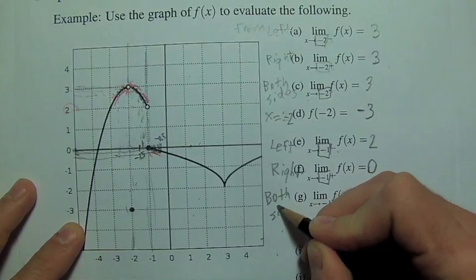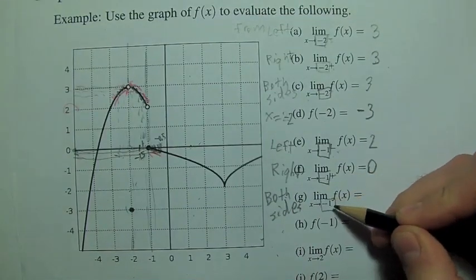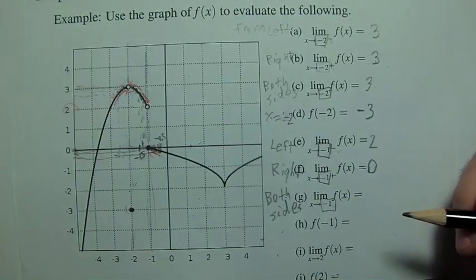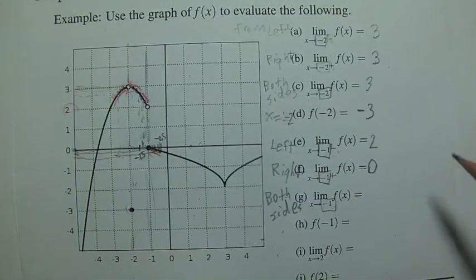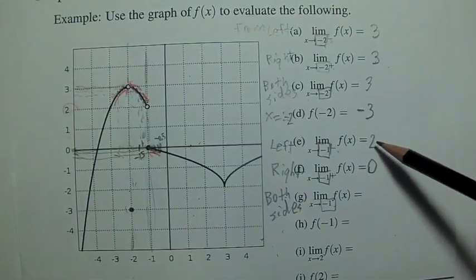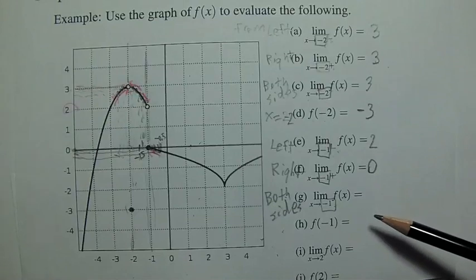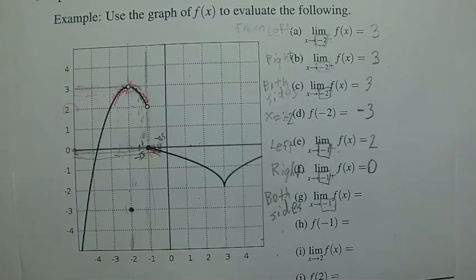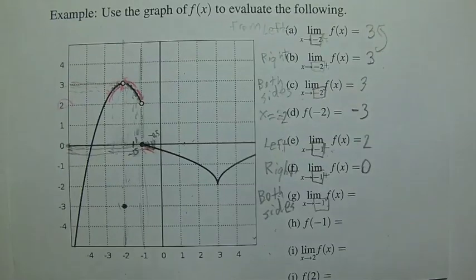What about the two-sided limit, right? The limit as x goes to just -1 from both sides of f of x. Well, since the limit from the left was 2 and the limit from the right was 0, they don't match, right? Because up here, they matched.